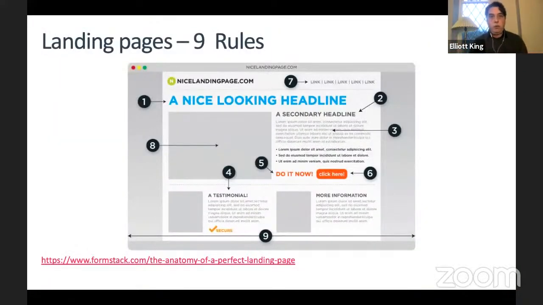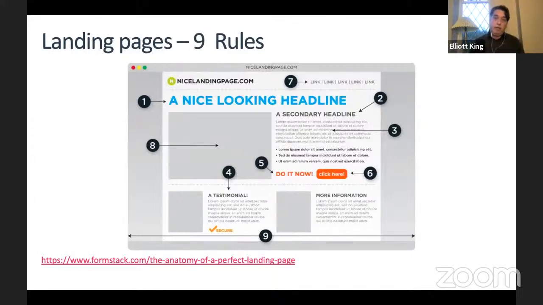Okay, so when we talk about a landing page that's built for an ad campaign, these are the sorts of rules that are really important when we want to structure a page like this. Obviously, they're not hard and fast rules. These are ways that you can maximize the number of people who, having landed on the landing page, will then take the action that we want them to take.